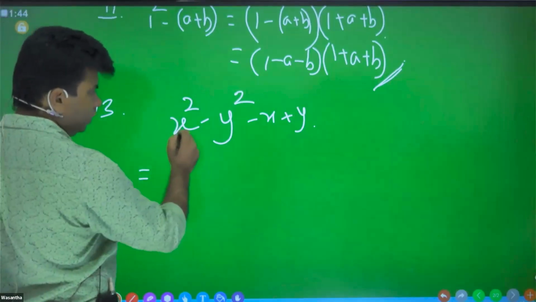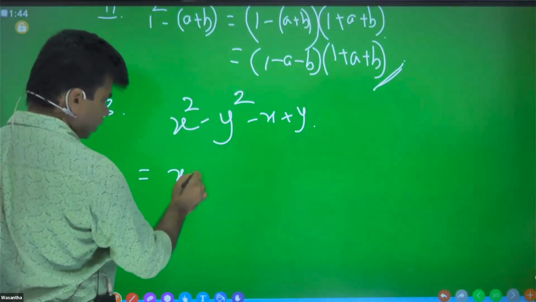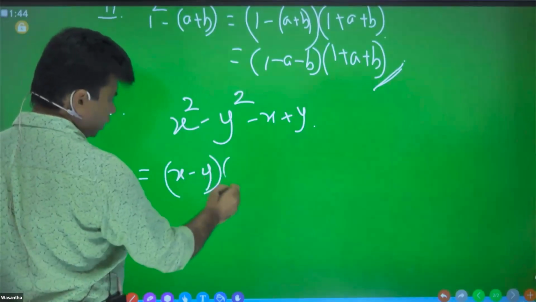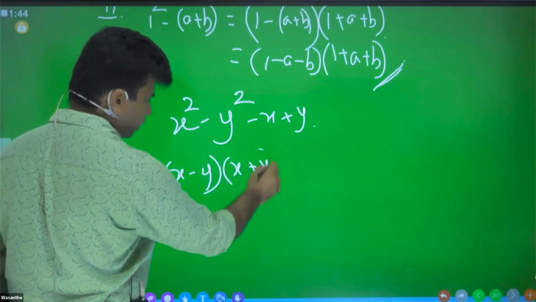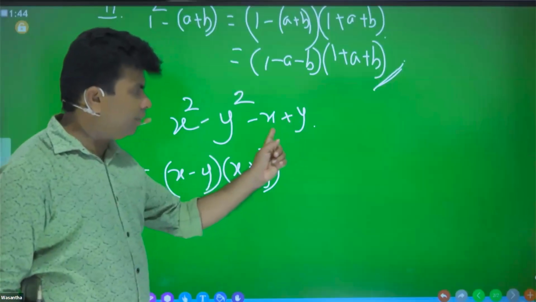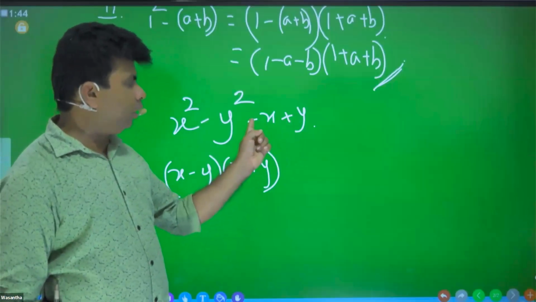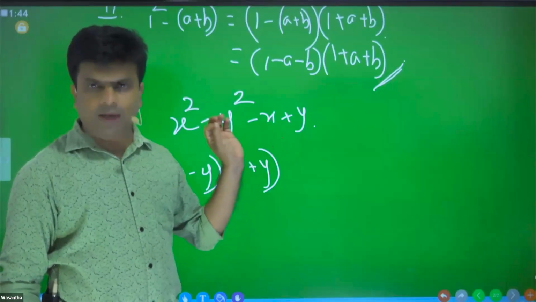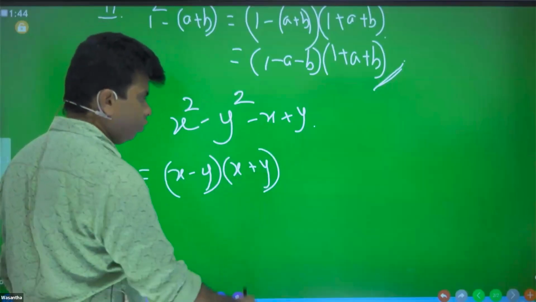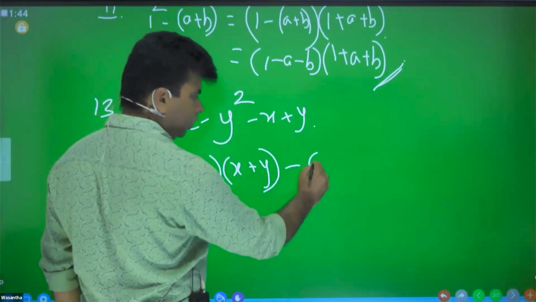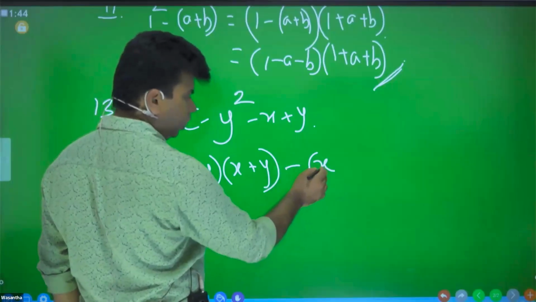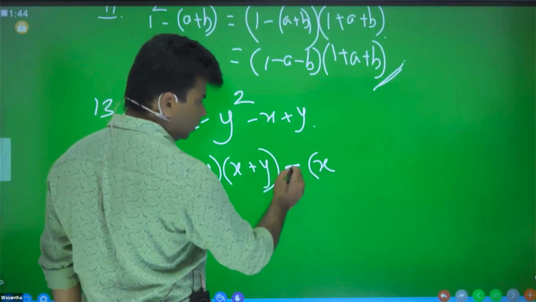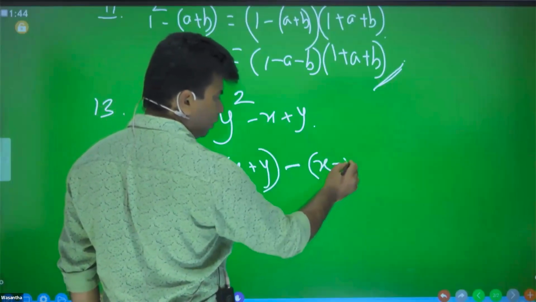First, we know that these two are by difference of two squares. So one factor x minus y, other factor x plus y. But here, please keep in mind that this minus belongs only to this x. Minus belongs to x only. So therefore, we can write minus into x, minus x; minus into what is plus? Minus 1.